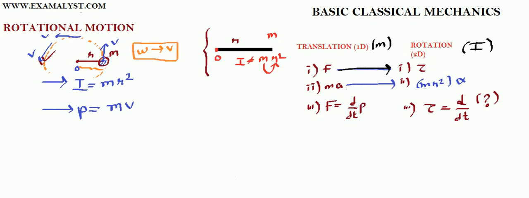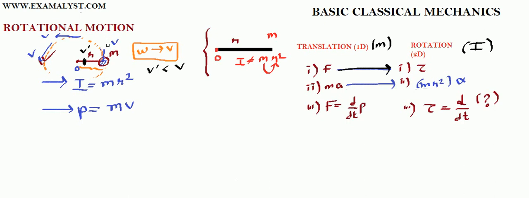If this velocity is v, then what will be the velocity somewhere around here, the part of the string which is very close to the axis of rotation, or O? This part will have a velocity v dash, and as I discussed earlier, v dash is always less than v.